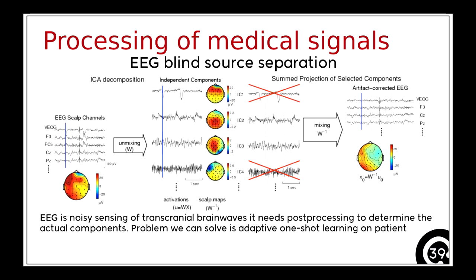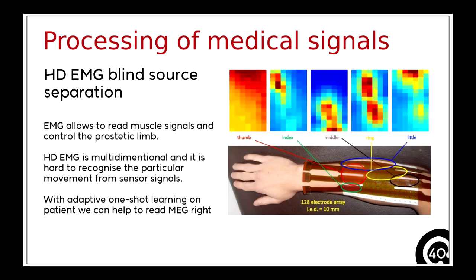Yes. And what's also very interesting for us is medical signals. I think that in medical signals we have big potential to change the lives of people if we are able to, for example, recognize and adaptively process on the go EEG or EMG signals.